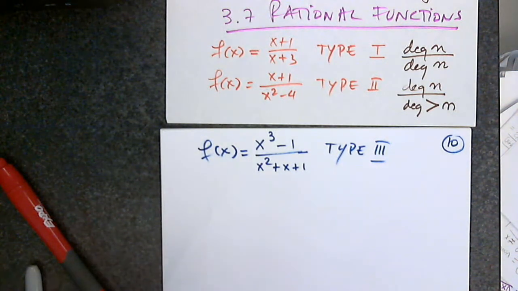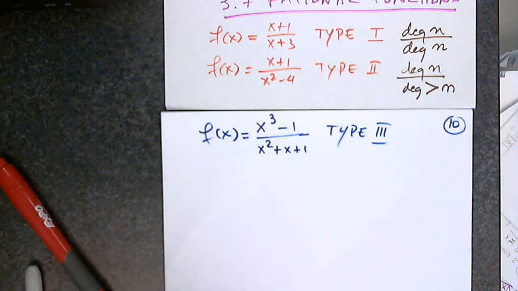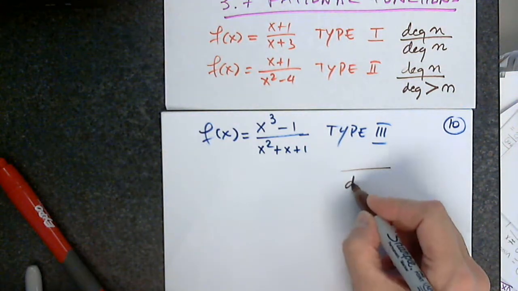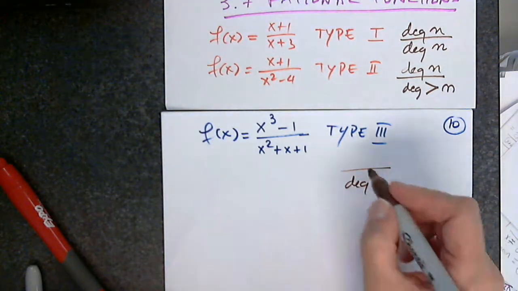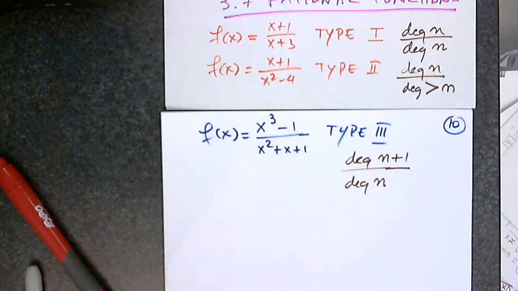Good. Now, the third one. Exactly, but it has to be by exactly 1 unit greater. So if the bottom has degree n, the top must be degree n plus 1. Exactly by 1 unit more.